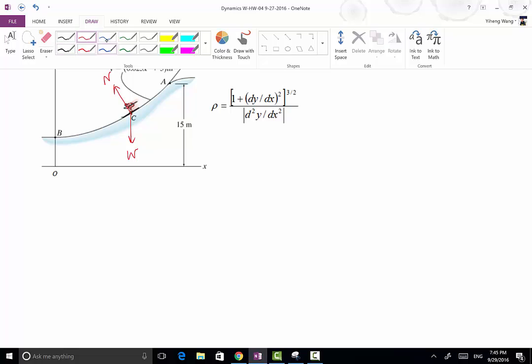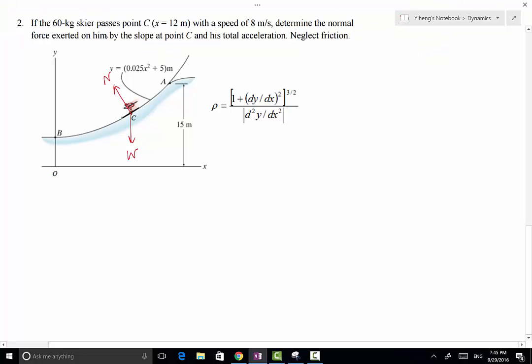And then if we draw a quick kinetic diagram, along the tangent to his path, this is the tangential acceleration component. And then normal to the path, this will be the normal acceleration. So as you can see, if we can determine an, then we can sum the total force along the n direction, and from there we can solve for the normal force.